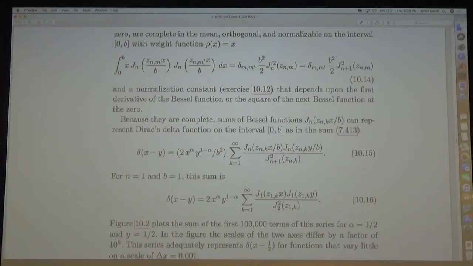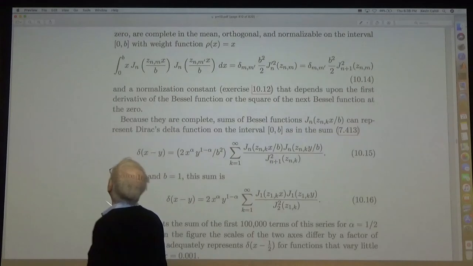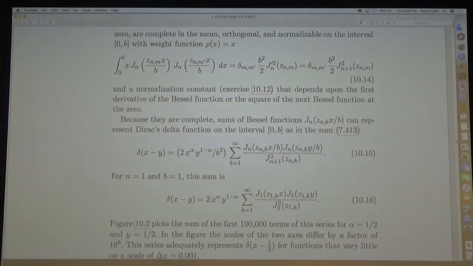The weight function is x, and the orthonormality relation is like this: the two Jn's for different eigenvalues, the eigenvalues being related to the zeros of the Bessel functions, and the weight function being x, we get the orthogonality with delta l m, and then the overall factor is that.